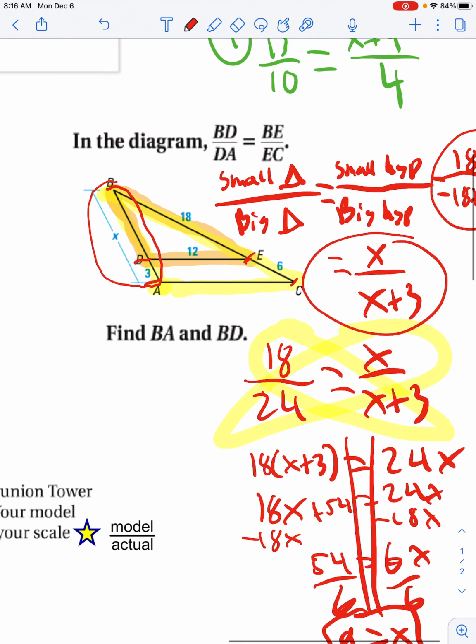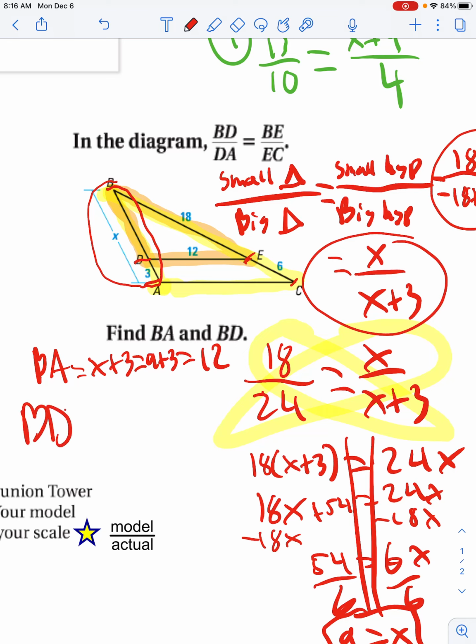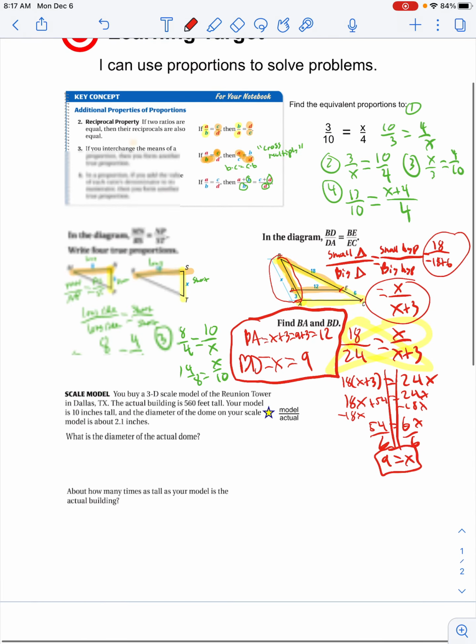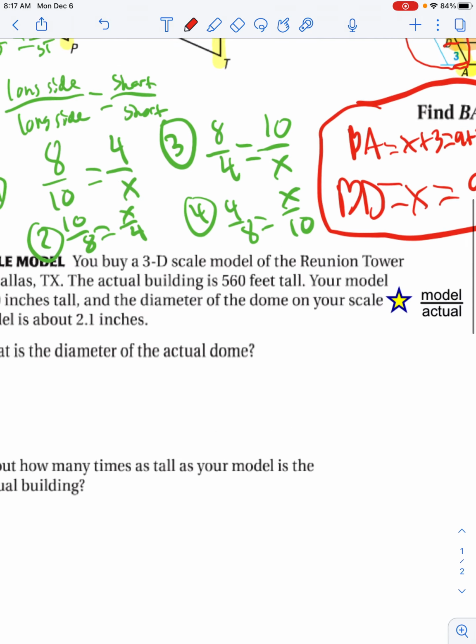That doesn't answer the question though. The question asks for BA. So BA equals X plus 3, 9 plus 3 equals 12, which means BD is just X, which equals 9. A lot of work.